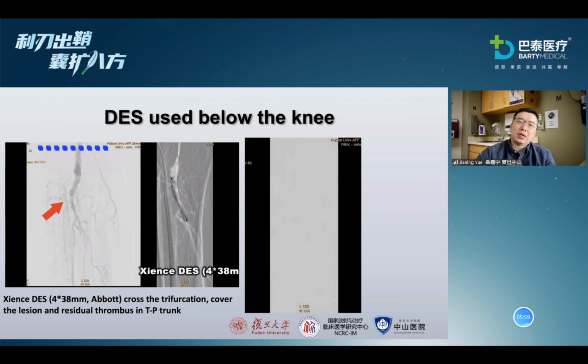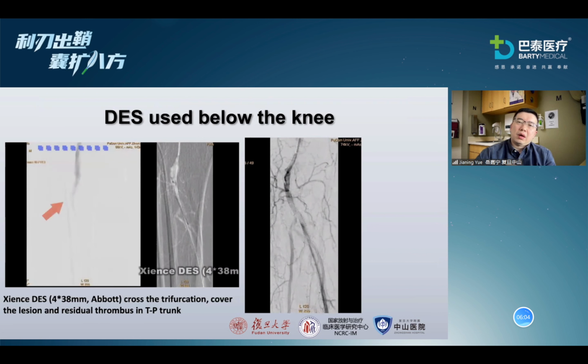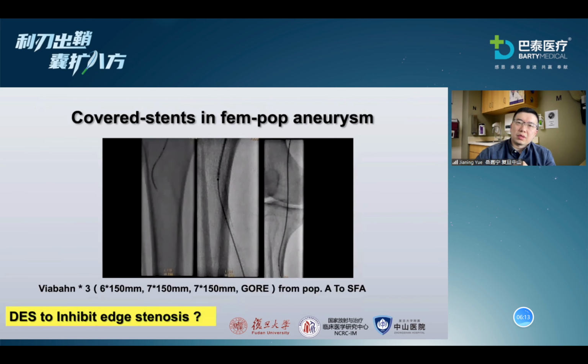So we entered into the posterior tibial, and we used a Zeiss 4 millimeter to cross the posterior tibial and also the peroneal ostium. And we placed in a DES. It's a balloon expandable DES, and we placed in Viabond, and in order to avoid restenosis at the edge, the distal end of the Viabond will be anchored at the DES.